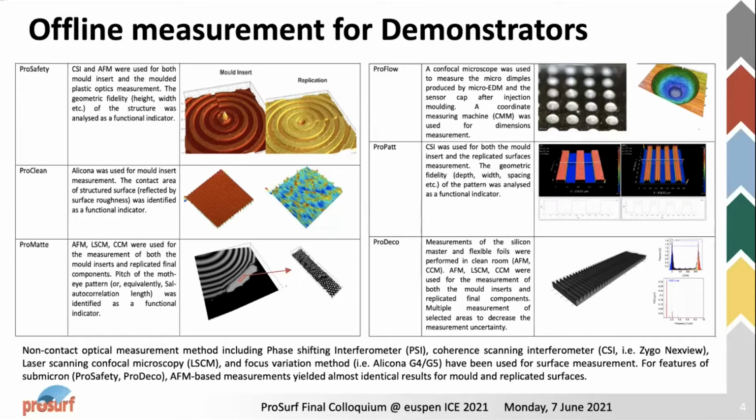An important notice here is that due to the complexity of the surface structures, a variety of alignment instruments, or we can call it multi-instrument alignment, need to be used to measure different kinds of structured surfaces, so we can get full information of the structured surface. More detailed information on those demonstrators will be reported in the later presentation by Nas.